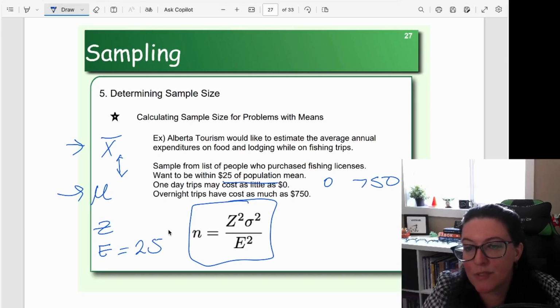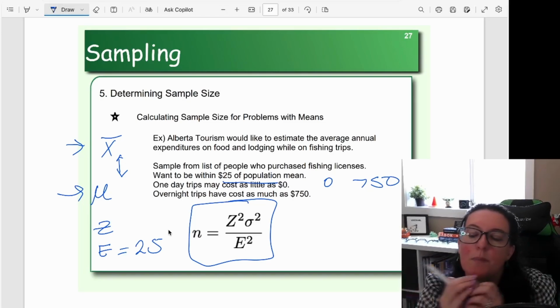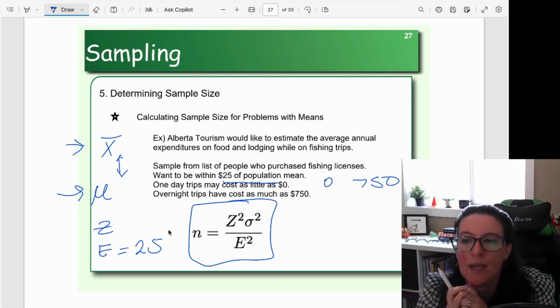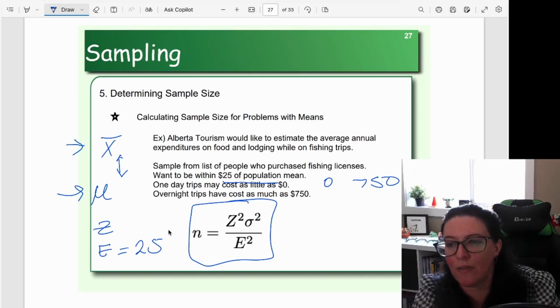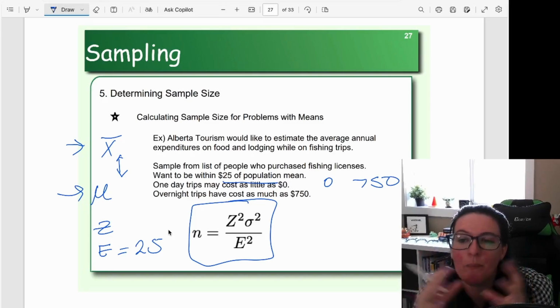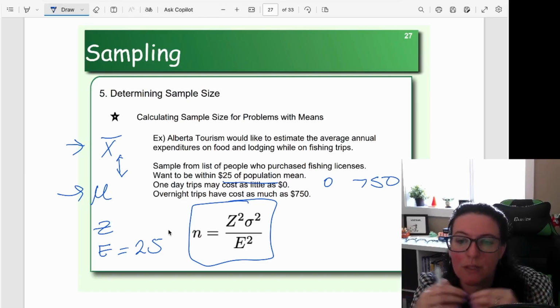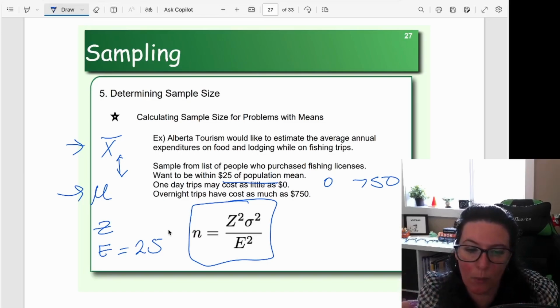But if we took lots of different samples, what percentage of the time do we need them to be that close to each other? Is it all the time? Can we go with a lower number? The more accurate you need to be, the less willing you are to be wrong.